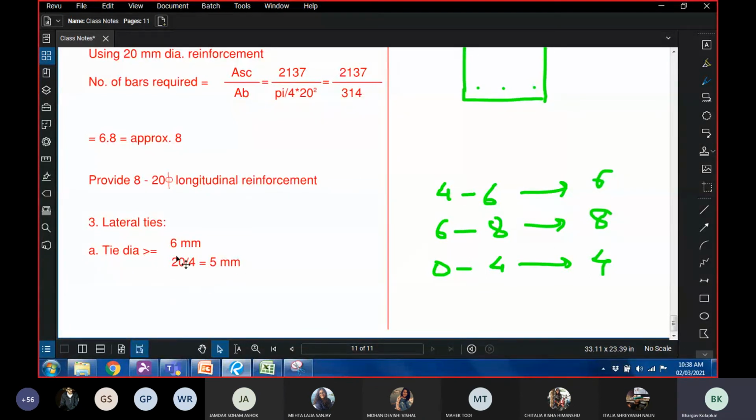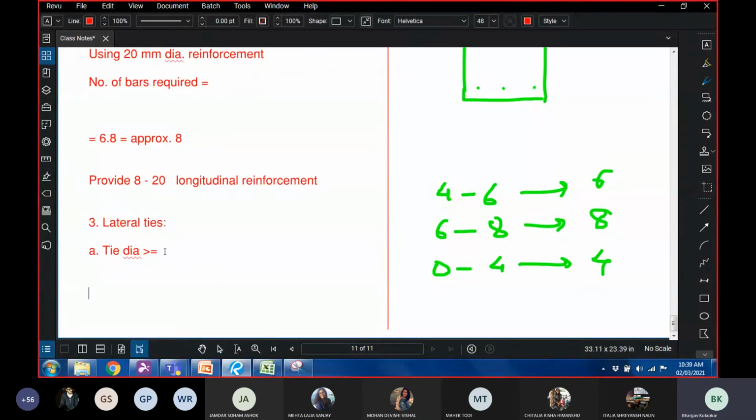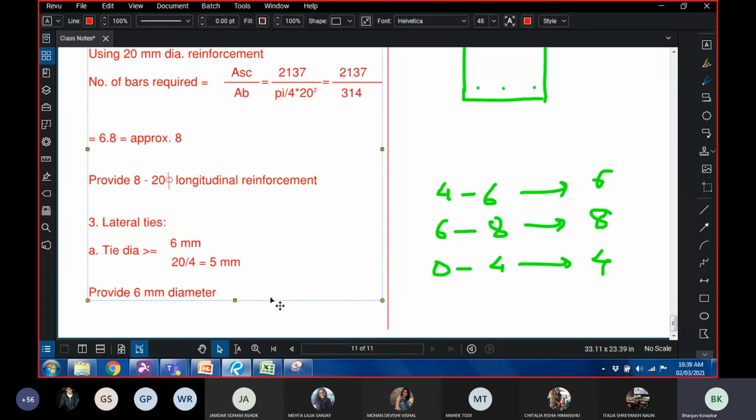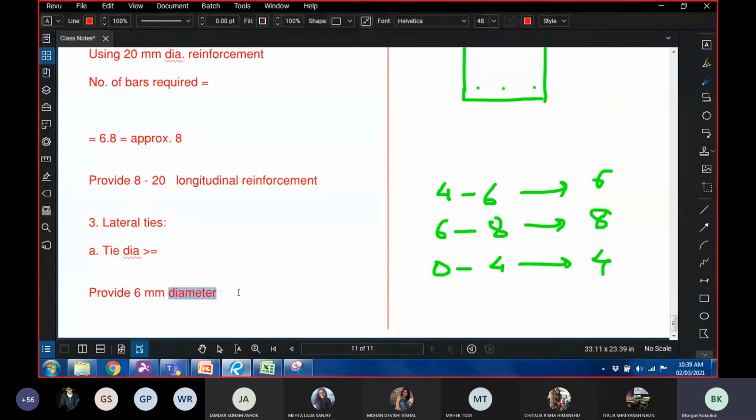And therefore, we can say that provide 6 mm diameter. And the second criteria is the spacing.